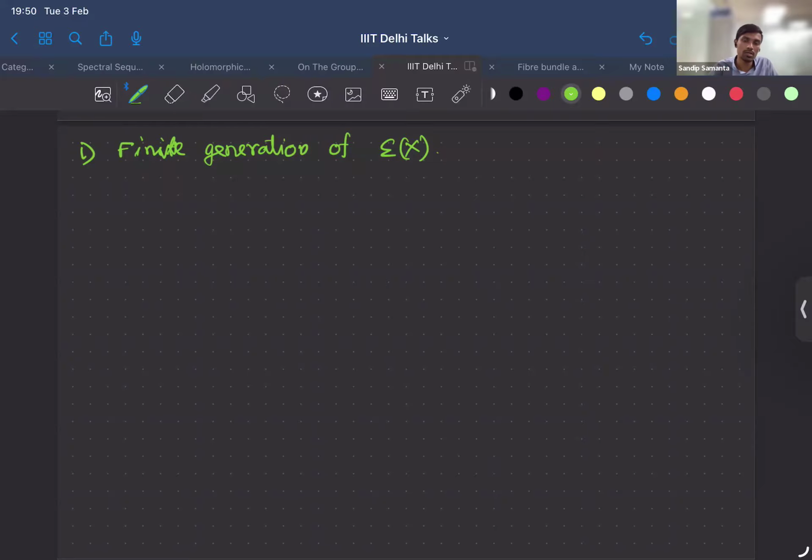So all the finite generation results for general spaces are for X which is a finite CW complex. But in general, for any other space, what can we say in terms of the finite generation of those things? Even for not all finite CW complexes do we still have the result that it is finitely generated or finitely presented.